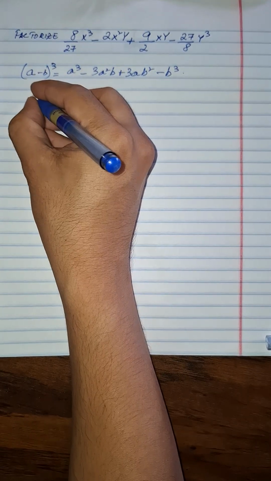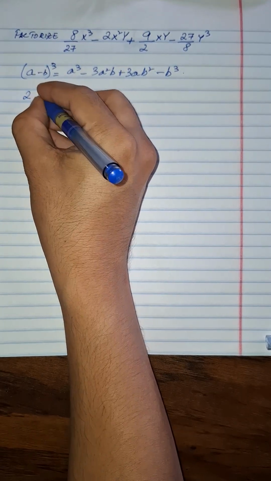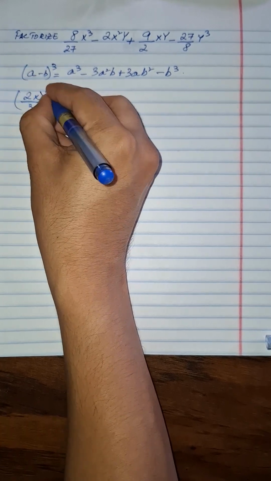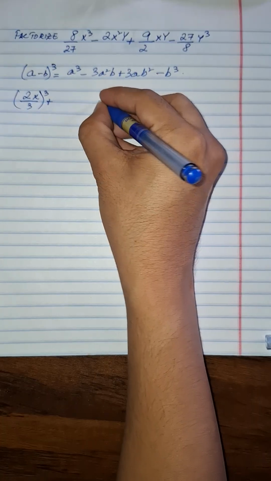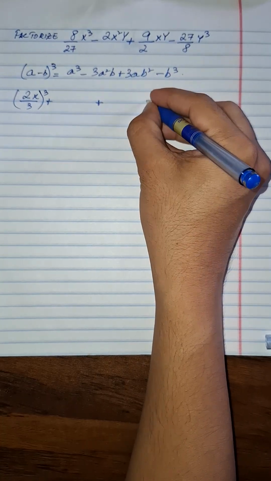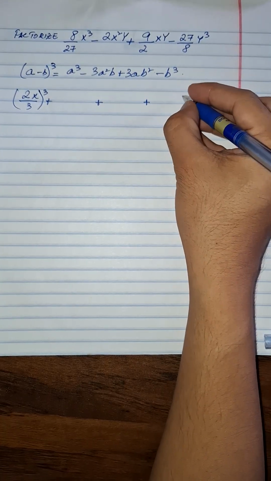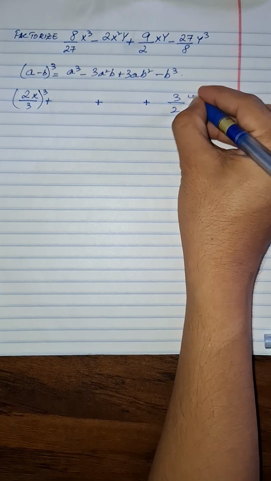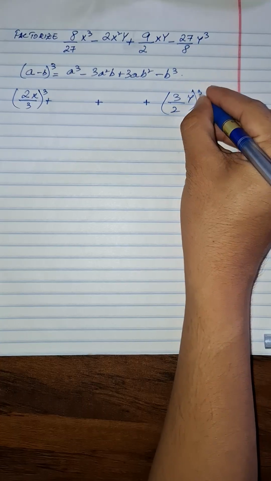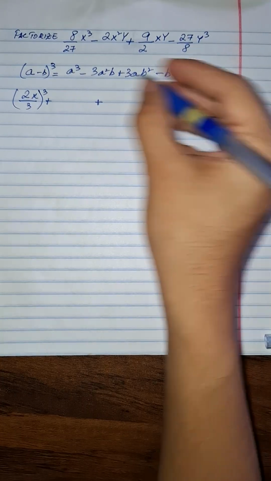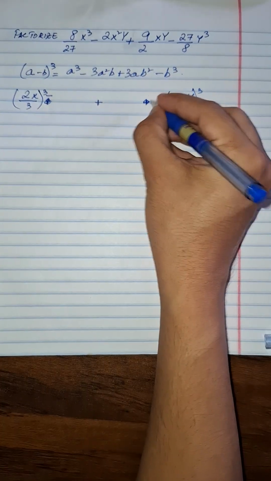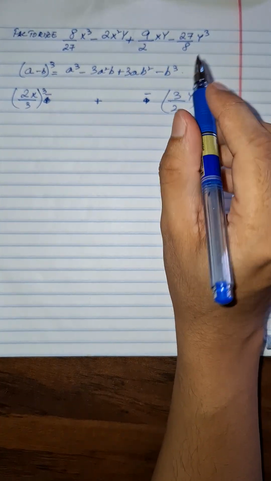Okay, so we can write it as (2x upon 3) and then, leaving some space for the two terms, 3y upon 2 whole cube, right? Sorry, this is minus and this is minus, right?